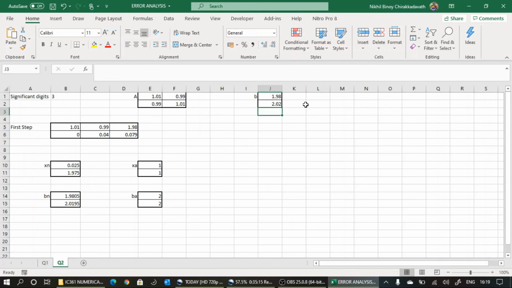So if you are changing the significant digits, here it is 0.2. It is very close to singular, not singular. I am not saying singular. If it is very close to singular, then a small change in b will give a very large change in the solution.